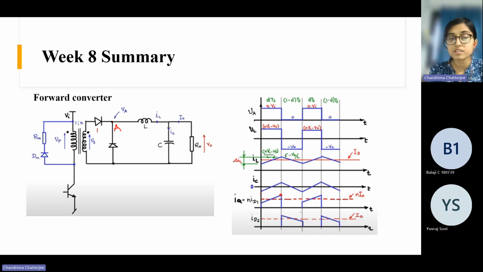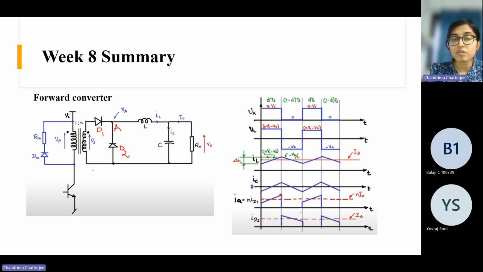Suppose this is D1, and this is D2. When D1 is forward biased, then what is the potential of this point? If this is 1 is to N, the potential of this point is NVI.